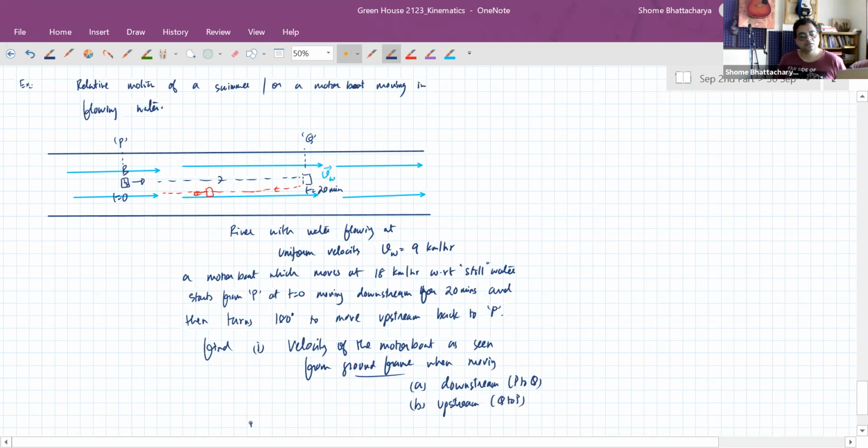And secondly, the total time of the trip. Neglect the time to take the U-turn.